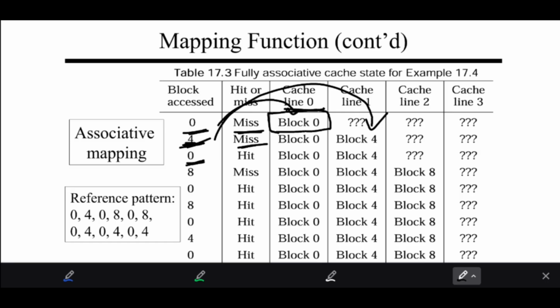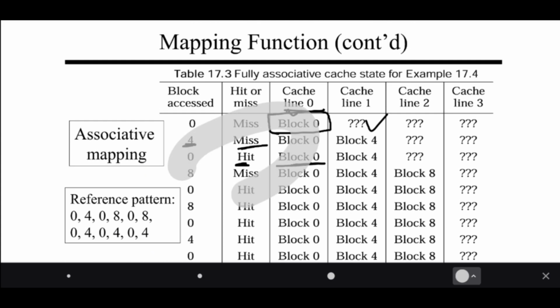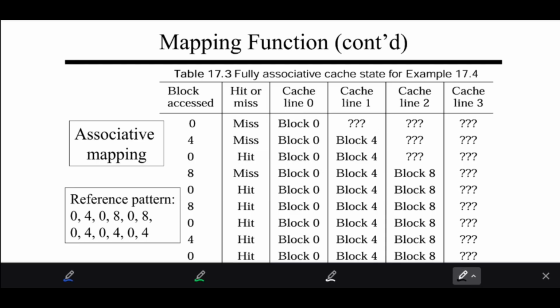Then again, if you request block 0, it checks inside the cache, and block 0 is already in line 0, so there is a hit. Look at the previous state: there are block 0 and block 4 inside the cache memory.